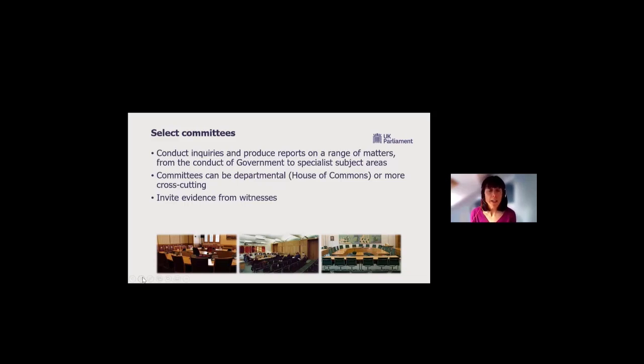It could be a paper written by one or more researchers researching into a topic. It could be an email from an individual about their lived experience of that particular issue. It could be a submission from a lobbying company or group about a particular topic. All of those are counted as evidence, and they help the committee to build up a picture of what's happening and to draw some conclusions and make those recommendations.